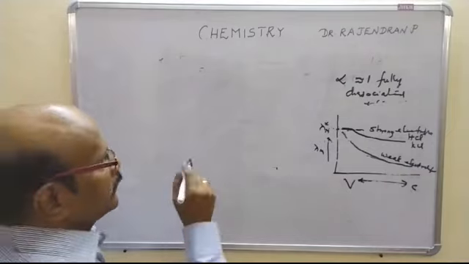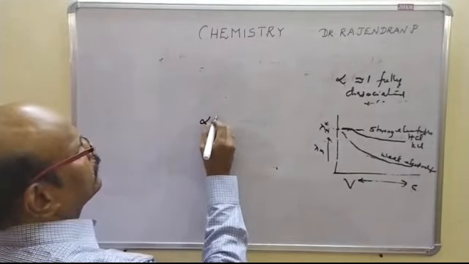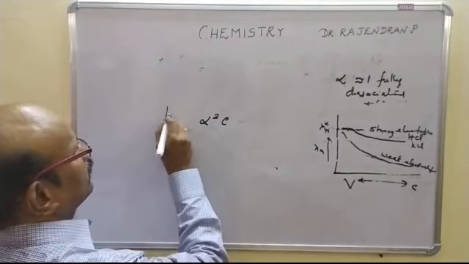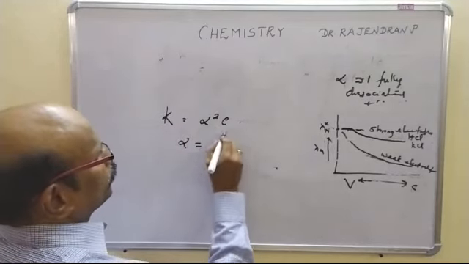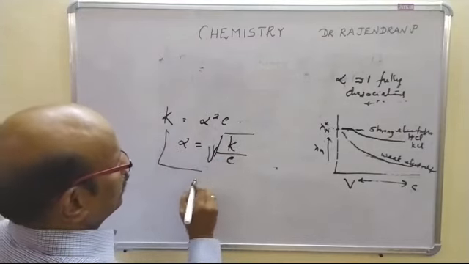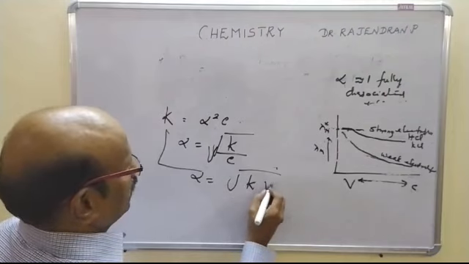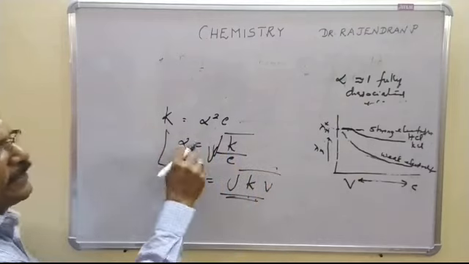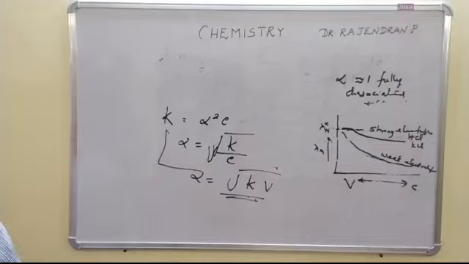That equation is alpha square C is a constant. K is equal to alpha square C, or alpha is equal to the square root of K by C, or alpha is equal to the square root of K into V. And this law is applicable only in the case of a weak electrolyte, and it is not applicable in the case of a strong electrolyte.